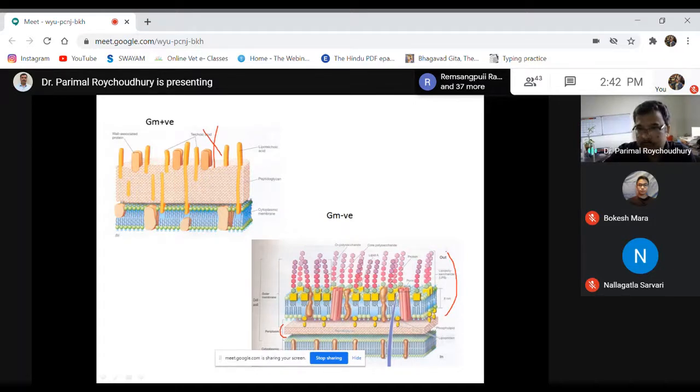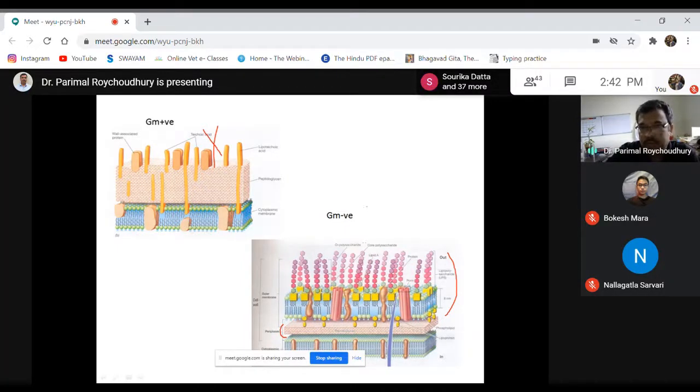Although they possess an outer membrane outside of this peptidoglycan, this outer membrane is basically composed of lipids and phospholipids. So a heavy amount of lipids is present in the outer membrane. As you know, the lipids are easily dissolved by alcohol.